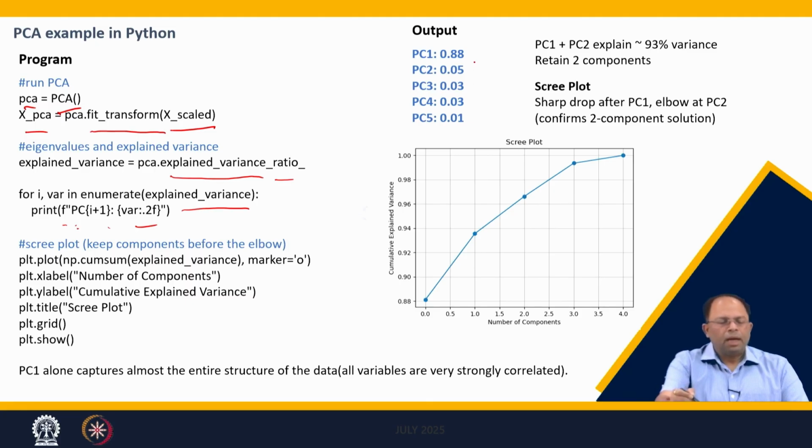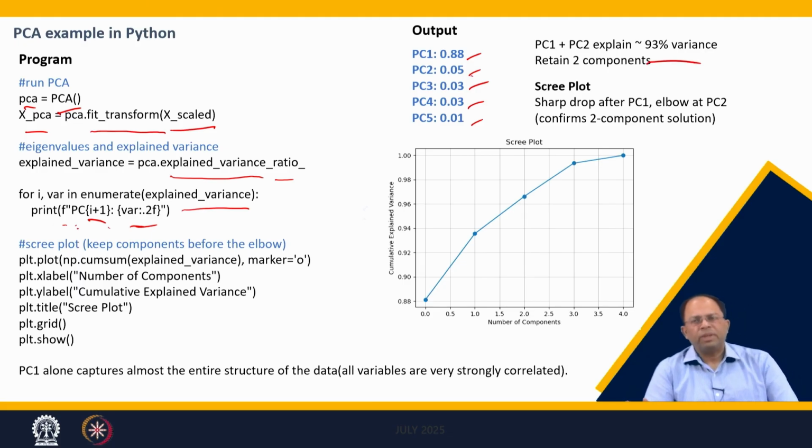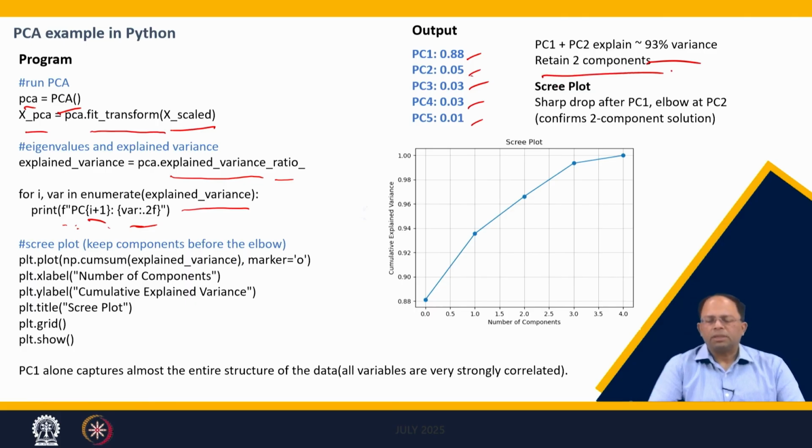First of all we are printing the values of these variances that are explained for each of the principal components, and then we can see that most of the variance is explained by PC1, but we can always take another one, which is PC2, and together they explain around 93% of the variance, which is between 90 to 95%. So we will decide that we will retain two components, right?